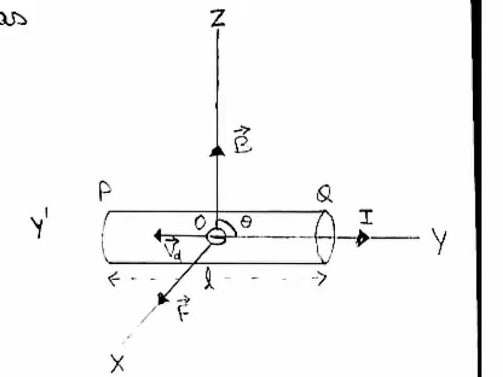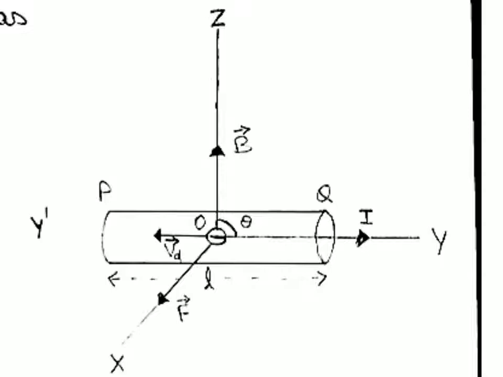Now in this case, since the flow of electrons constitutes current, here we have an electron of magnitude of charge e, and since it is moving inside a conductor, it will be drifted inside the conductor with a drift velocity Vd. And since the current is in the OY direction, the electron will be drifted in the OY dash direction, that is opposite to that of the current.